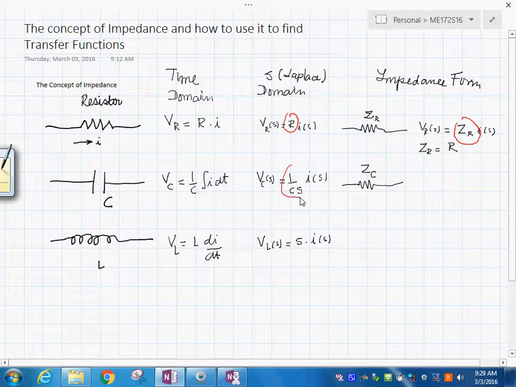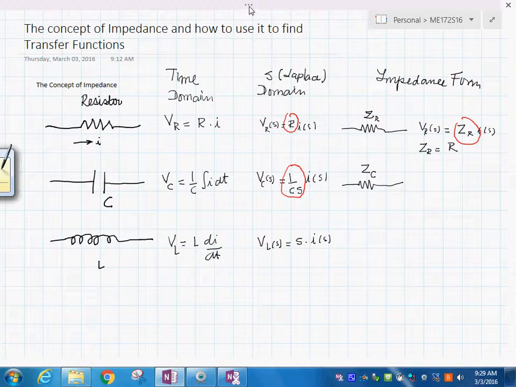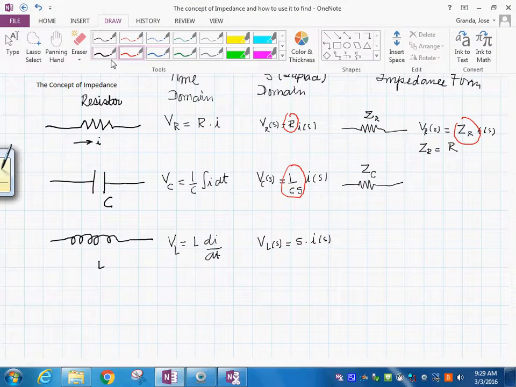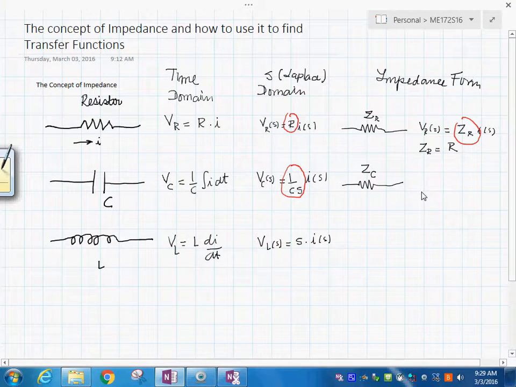You can write that V sub C is equal to Z of C times I of S, where Z of C becomes 1 over CS.